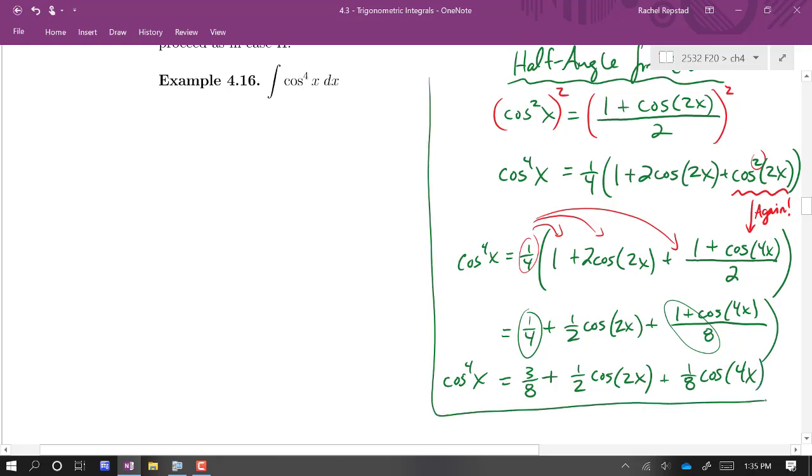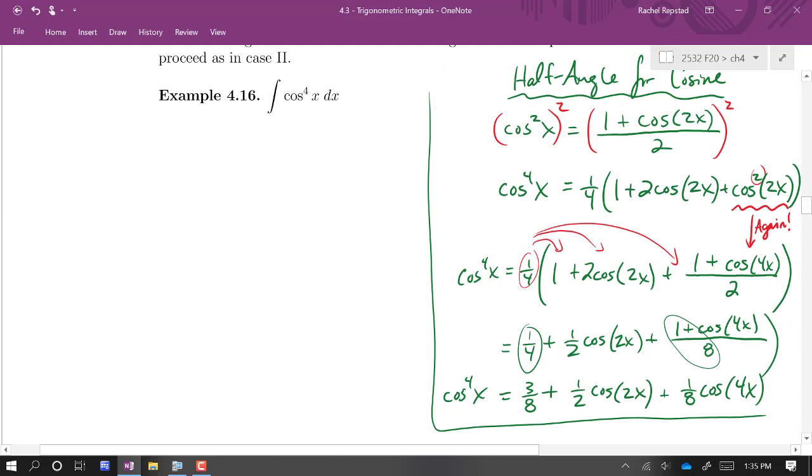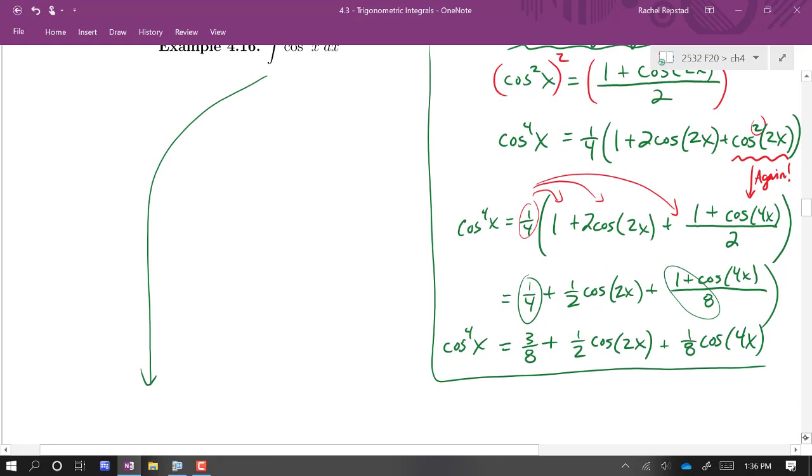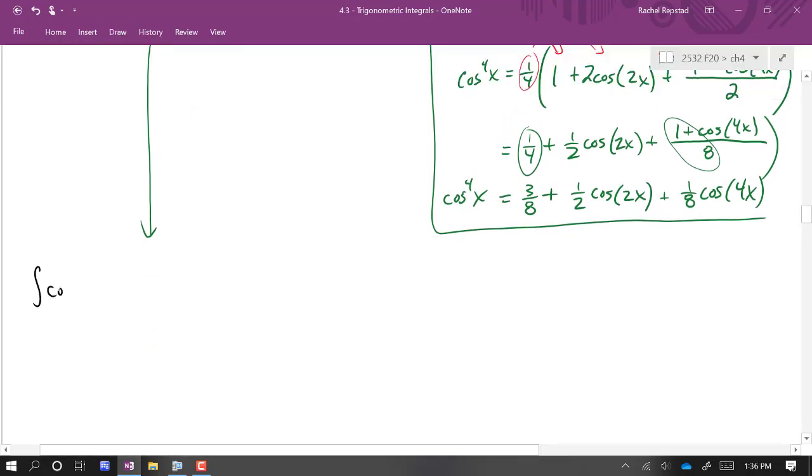All right, so here's all the work leading up to this. Now we're going to be able to rewrite this integral. I think I've got plenty of room. So I'm going to write it down here. The integral of cosine to the fourth is the integral of this whole thing we just found.